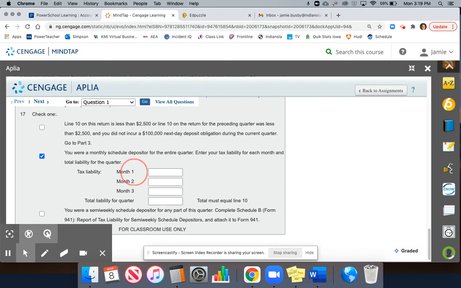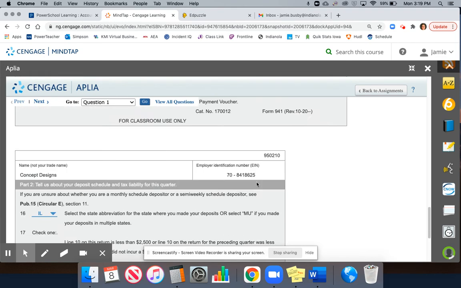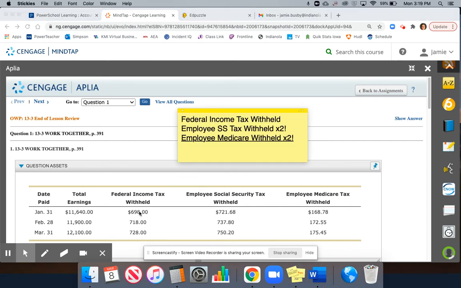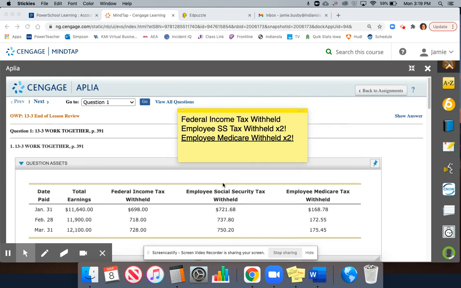To calculate each monthly amount, we need to use the numbers in the instructions. So federal income tax withheld plus Social Security tax withheld times 2, because we have the employee and the employer's portion. And then Medicare tax withheld times 2, because it's employee plus employer.